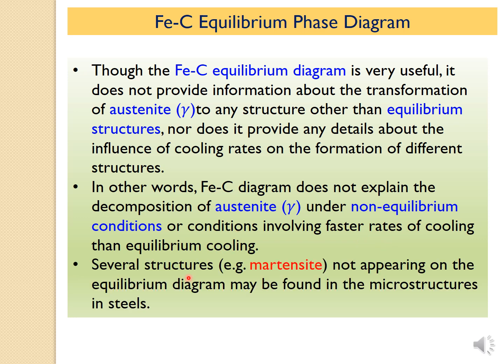However, many structures, for example the martensite, which we will learn in this chapter, don't appear on the equilibrium phase diagram, but may be found in the microstructures in steel under non-equilibrium conditions, and those kinds of microstructures are sometimes desired because they have some desired mechanical properties.